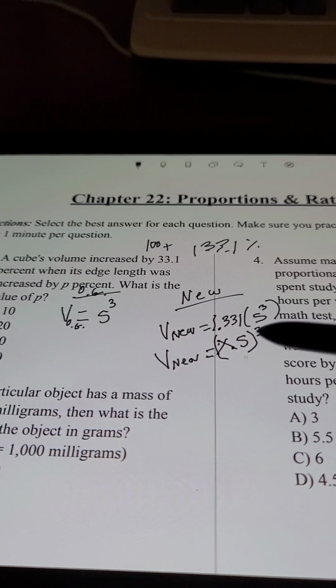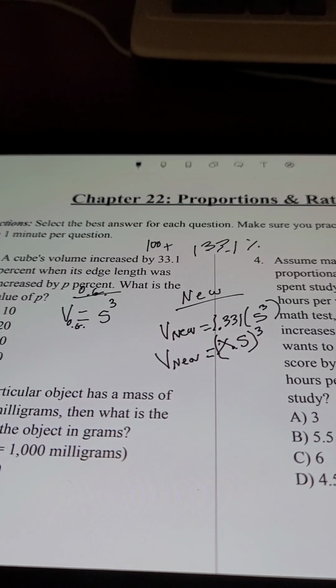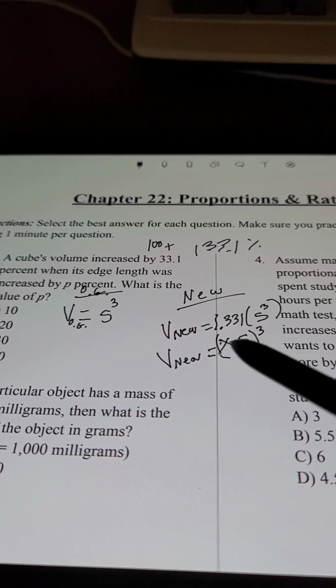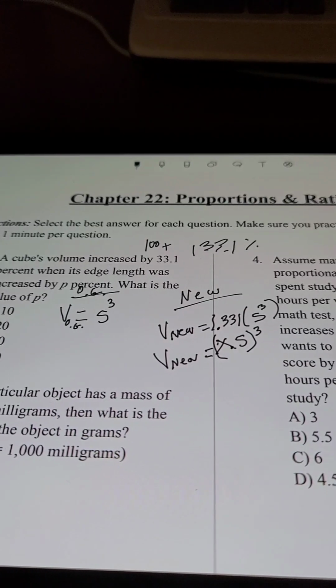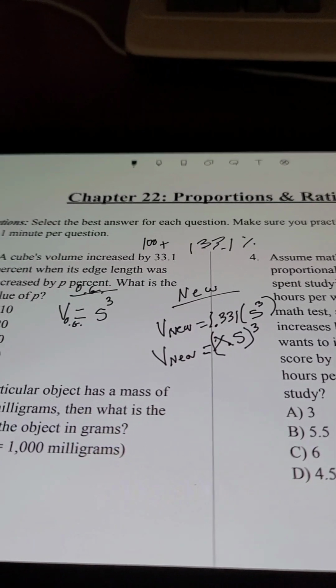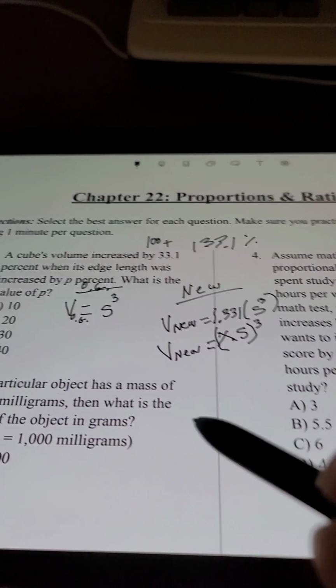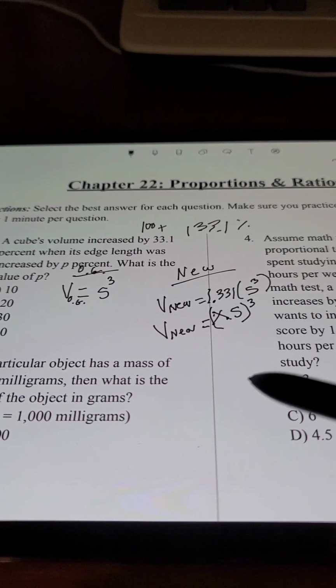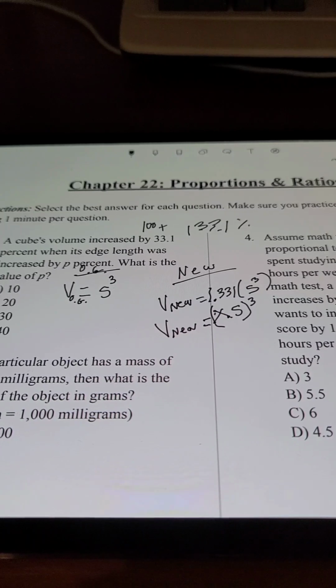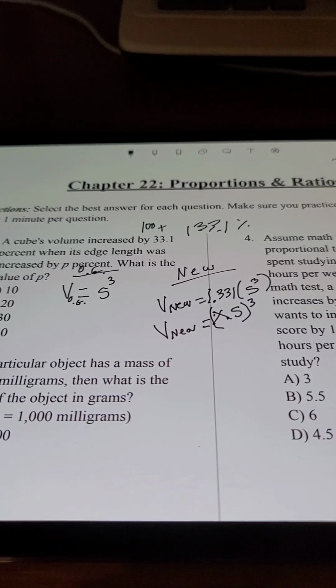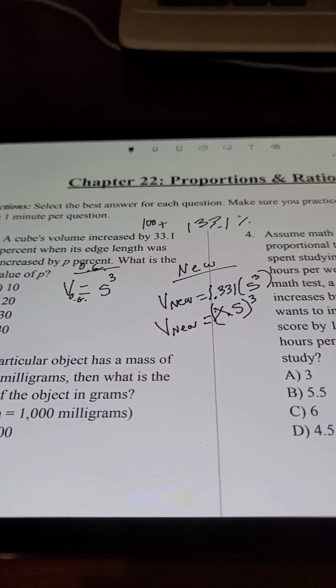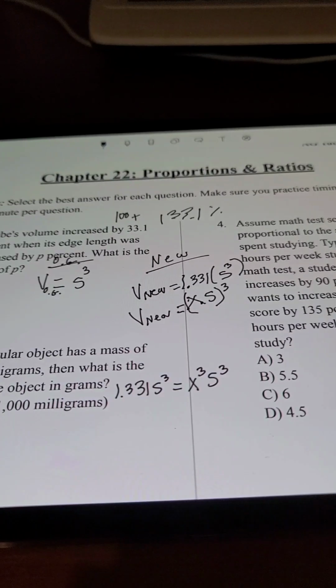So this is the new side length cubed: x times s is the new side length. I want to be very clear about that. Now I can set these equal, and the reason this is easier is because then I'll have an s cubed on each side that I can automatically cancel out a lot more easily than having to combine fractions and stuff like that. So this is what I have.